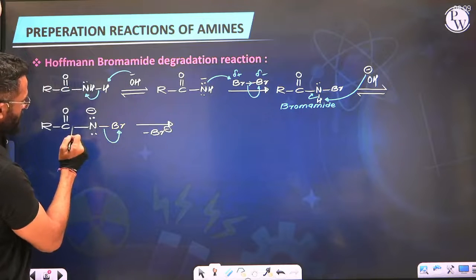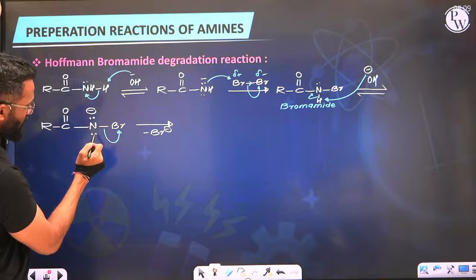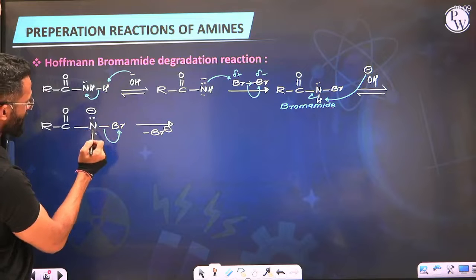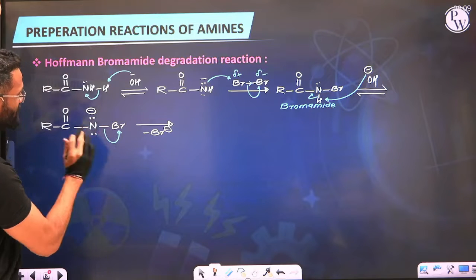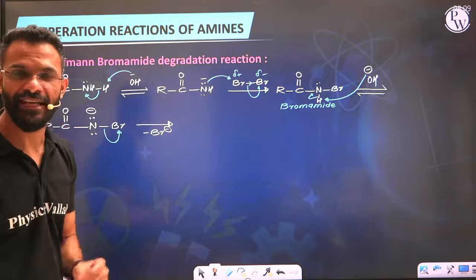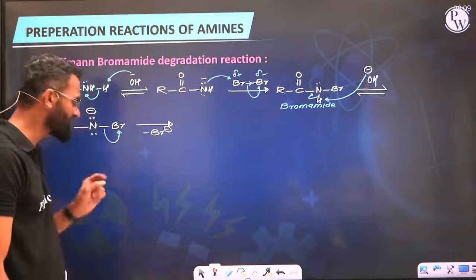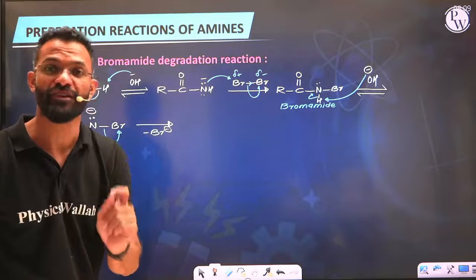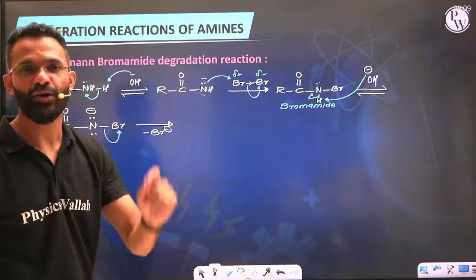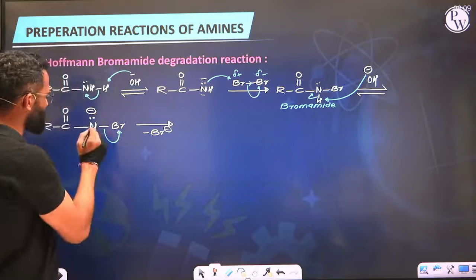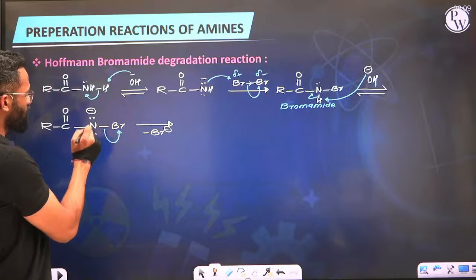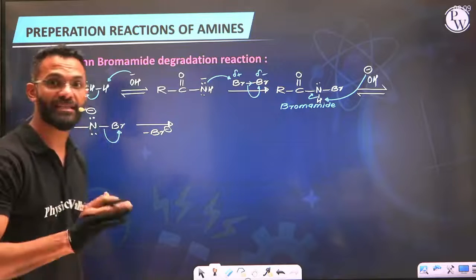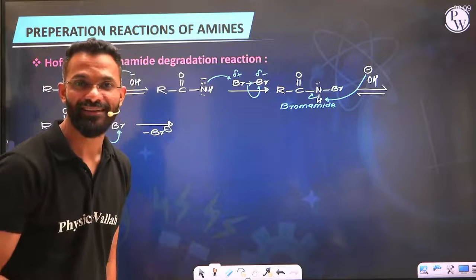This nitrogen has one bond pair and two electron pairs, which indicates nitrogen will have a total of only 6 electrons. Having 6 electrons in the valence shell makes this nitrogen electron deficient. Such an electron deficient nitrogen species having one bond pair and two electron pairs is what we call a nitrene.